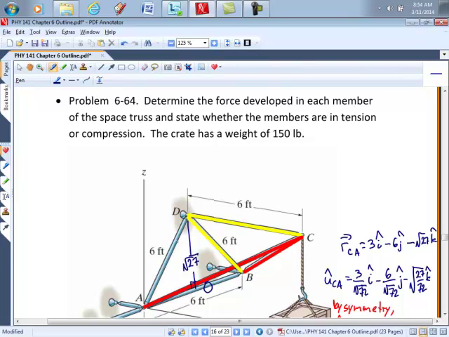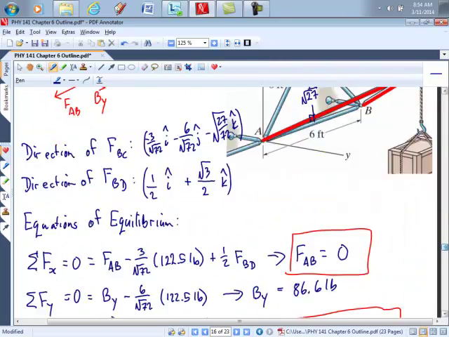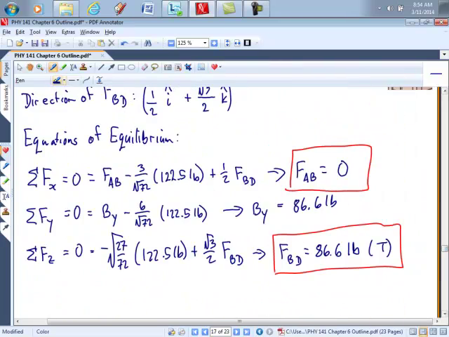Anyone like to make a guess or make an argument for not doing equations of equilibrium? Symmetry is the same as for the EKD. Right. By symmetry, it's going to be the same as DB. So just make a note of that. Symmetry.